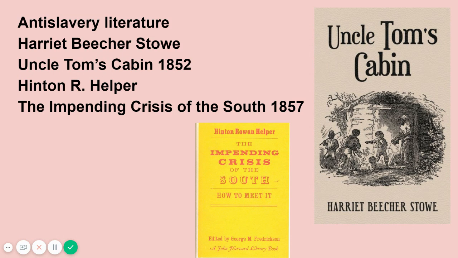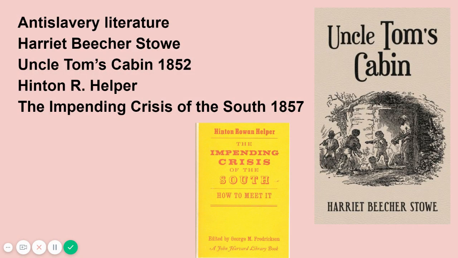Another piece of anti-slavery literature, a book written by Hinton R. Helper, is titled The Impending Crisis of the South, written in 1857. This book by Helper was an anti-slavery book, but for economic reasons.